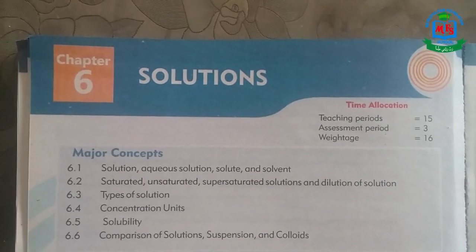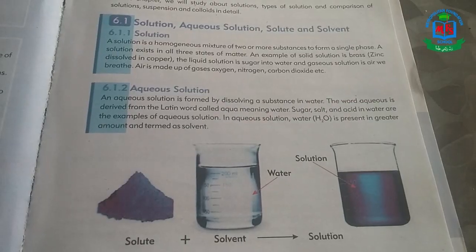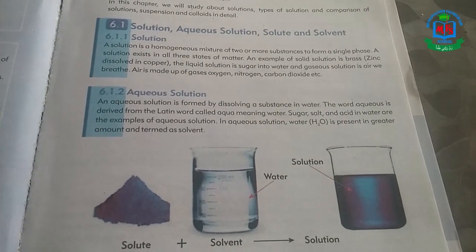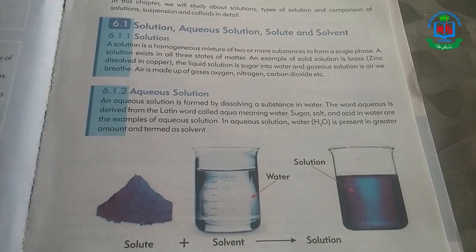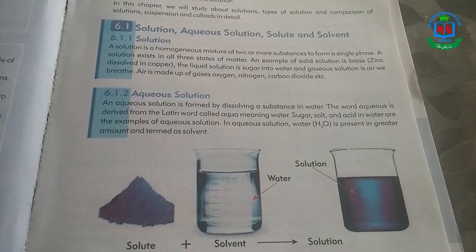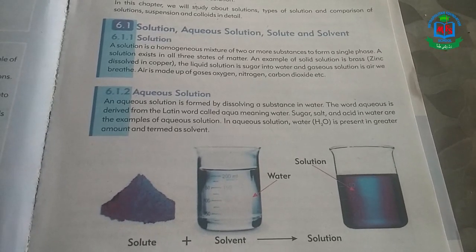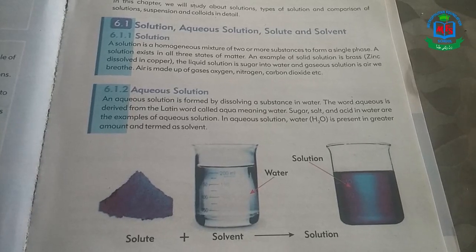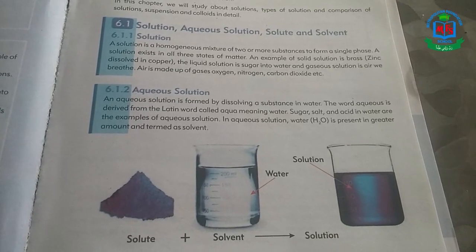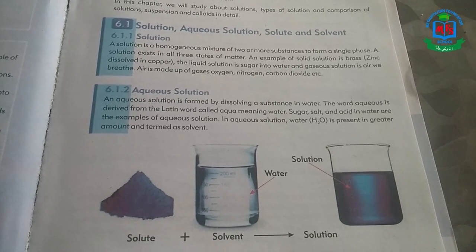All these terms we discuss in this chapter. Now we discuss the first term that is used in this chapter, solution. What is solution? Solution is defined as a homogeneous mixture of two or more substances.